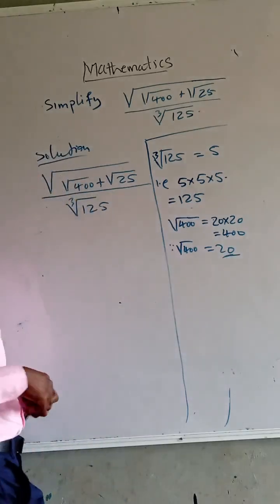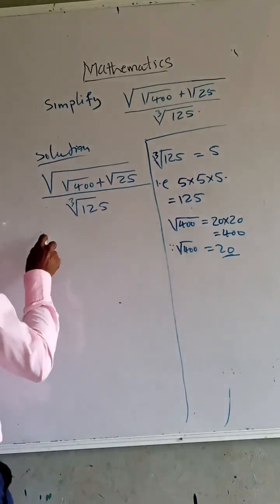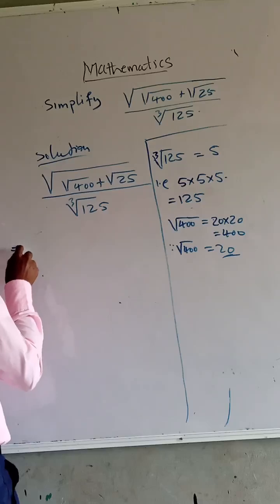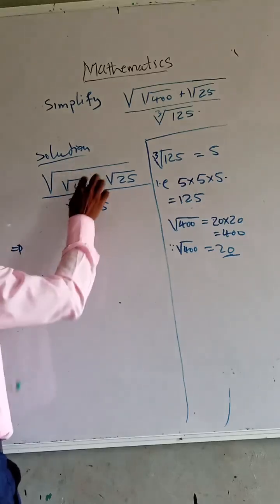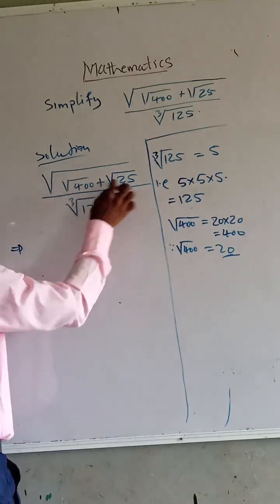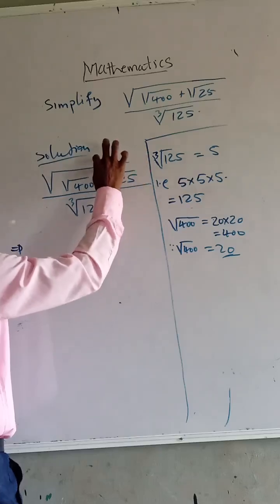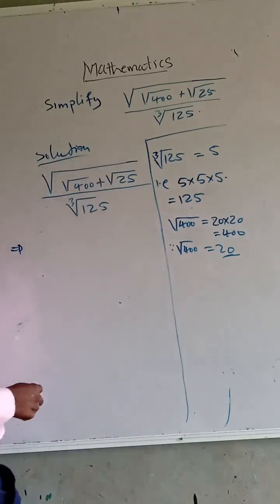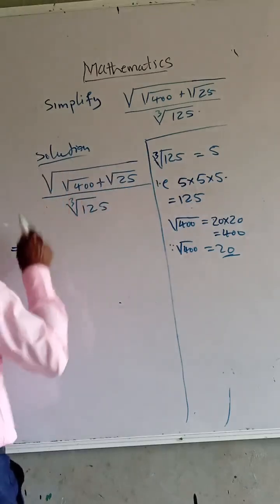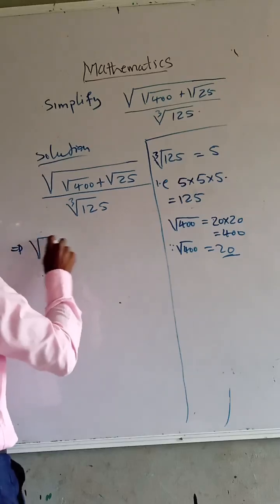Now let's go back and apply this knowledge. Let's deal with what is inside here first. Forget about the bigger square root; I'll still leave my bigger square root.